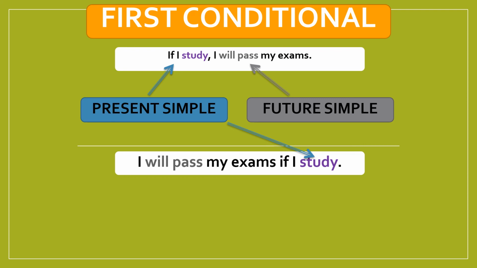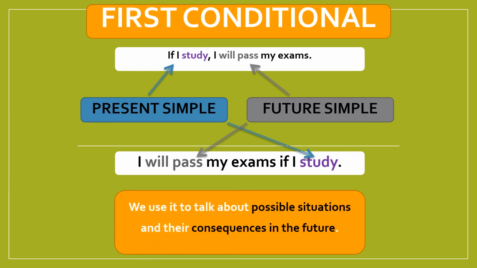Excellent. Will pass. And where is it in the second sentence? The same, will pass, but the location is different. So when we use if first conditional, we use present simple and future simple. They don't change, but we change the location only, depending on where we use if, at the beginning or in the middle.